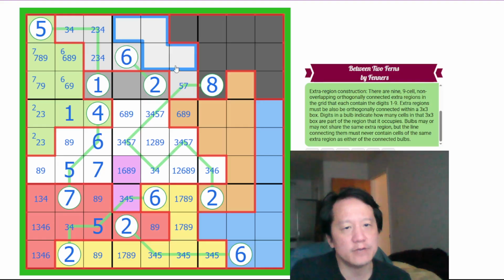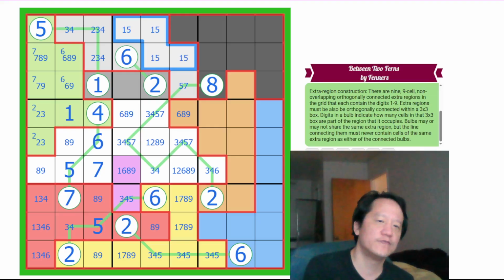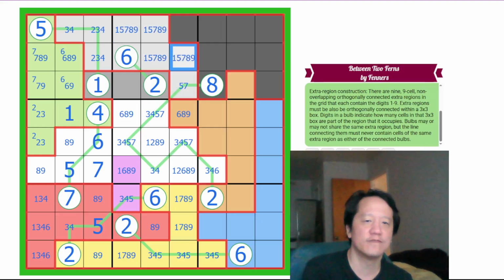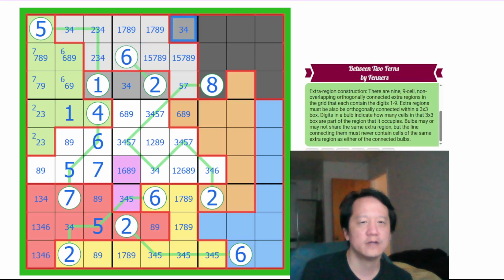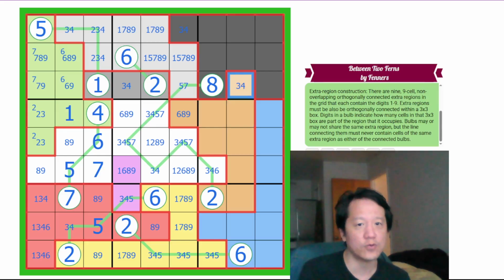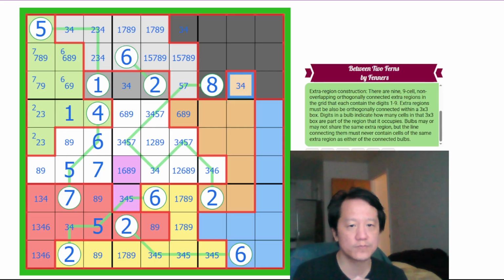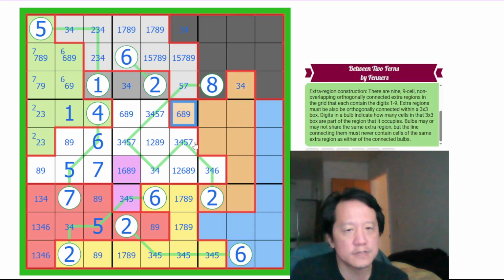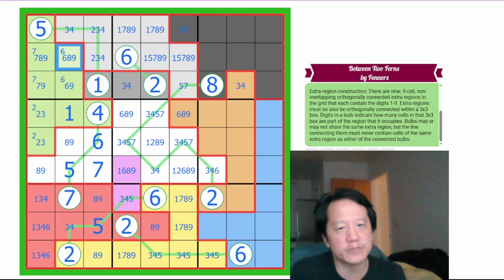Remaining digits in the light region have to be 1, 5, 7, 8, 9. And 5 cannot be here. That means that leaves a 3, 4 pair remaining in box 2. So this is 3 or 4 also. 6, 8, or 9. 6 eliminates 6 as a possibility here.